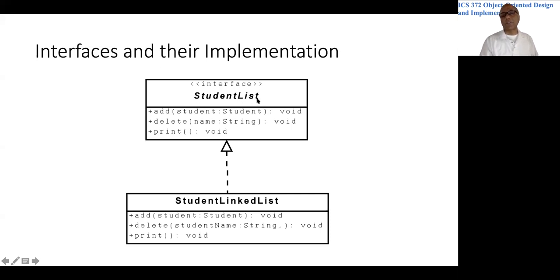This means it is abstract, and we put the word interface in double angle brackets here. We put all the methods over here. Usually there are no fields, right? You can have static final fields in interfaces, but probably there is little reason to show them. And if a class like student linked list implements student list, we show it like this with dotted arrows.